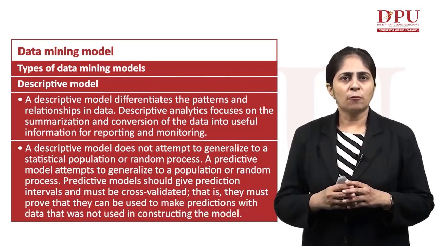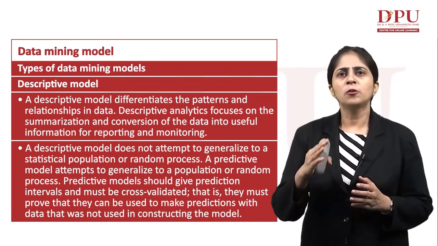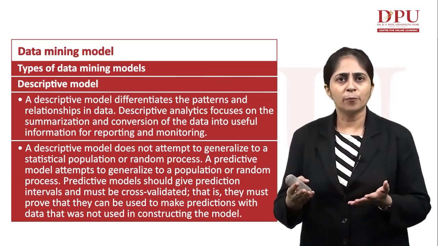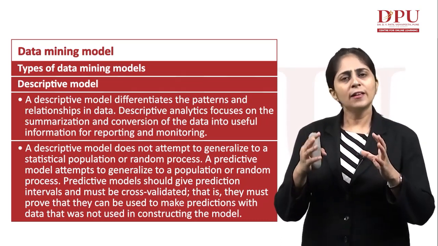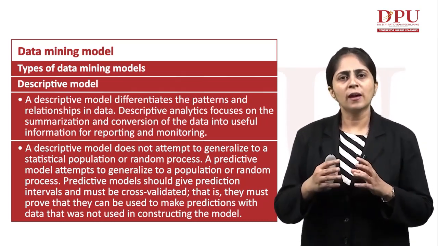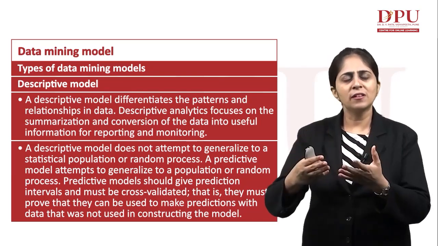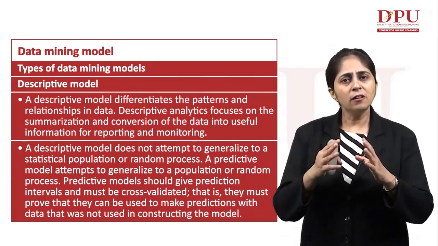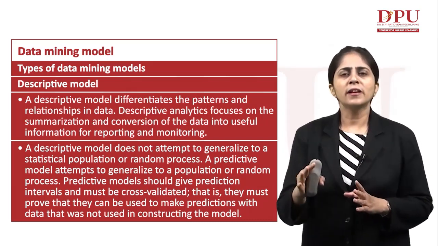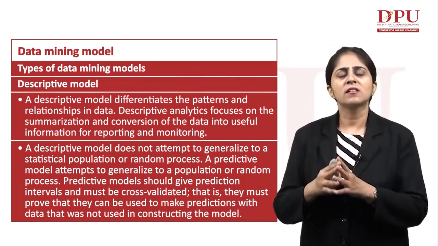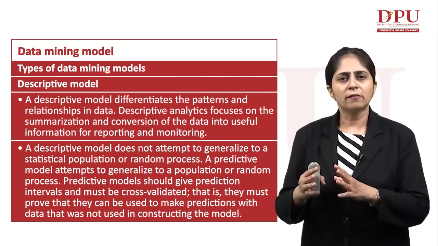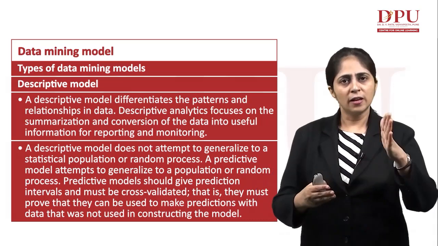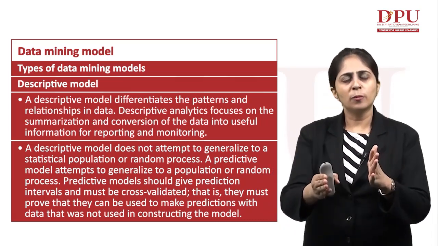So a descriptive model here does not attempt to generalize to a statistical population or a random process. Like we have seen in the predictive model, depending on the previous data, future data was to be predicted. But the descriptive model does not attempt to generalize. It will not generalize that if one step is known, then this would be the next step.